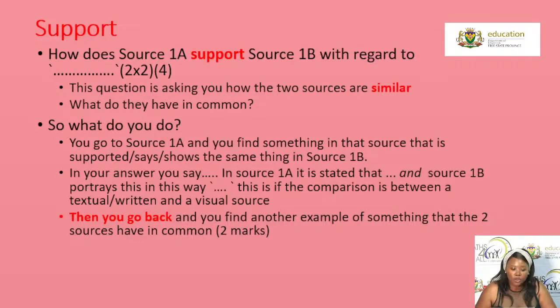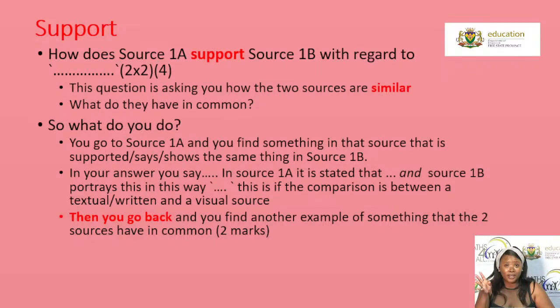So whenever you are asked to compare sources that are supporting each other, in most cases it is a visual source and a written source. And then you go back to find another example of something that the two sources have in common. Now, this is one of the mistakes that candidates like to make. They only compare once. Guys, it's 4 marks.